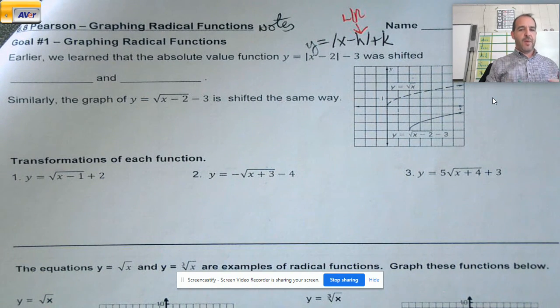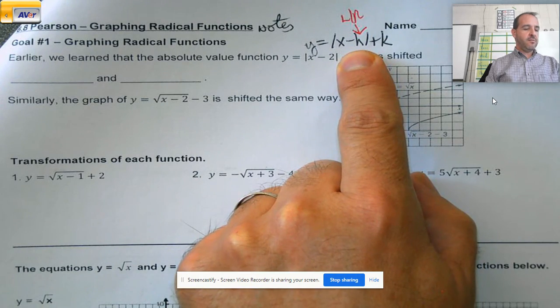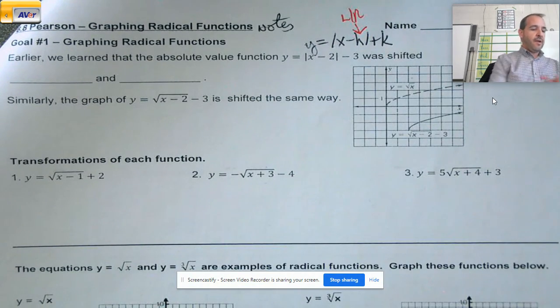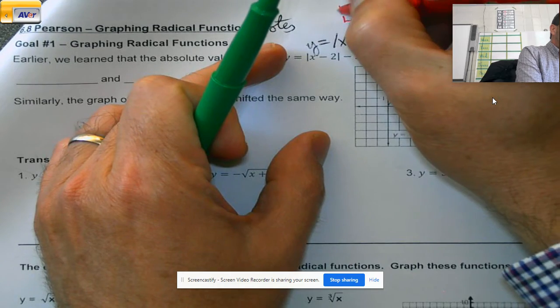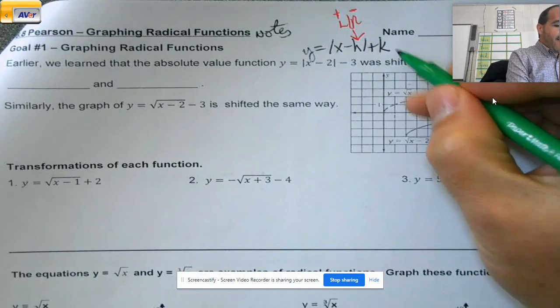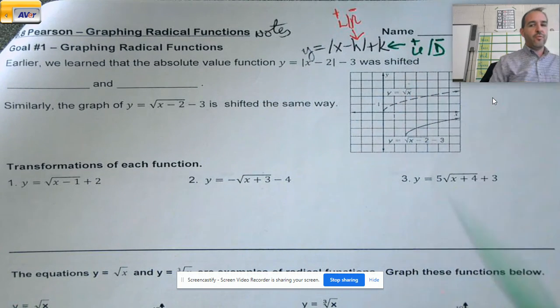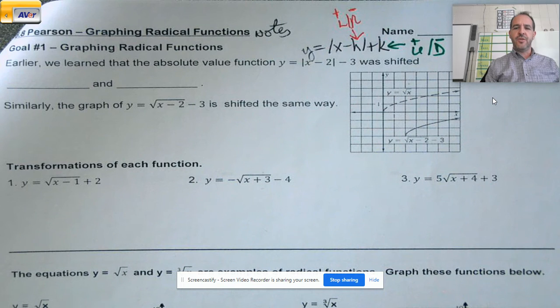So, quick flashback. When we were doing the absolute value functions, we were graphing those. We always talked about how our left or right shift was in here, okay? And it was the opposite of what we would think. So left was plus and right was minus. And then our K was our up-down shift, but it followed the rules more with what we'd expect it to do.